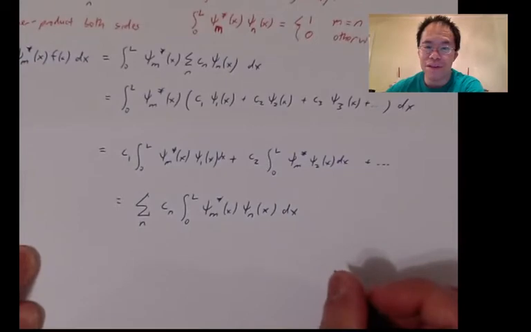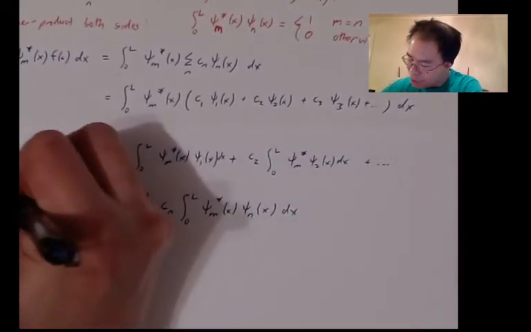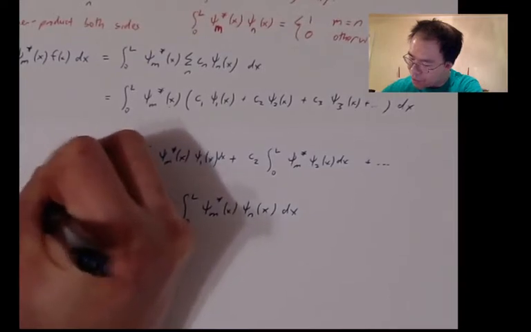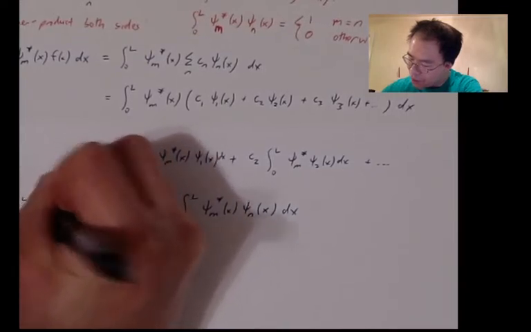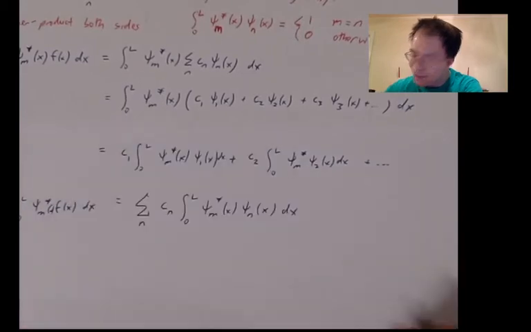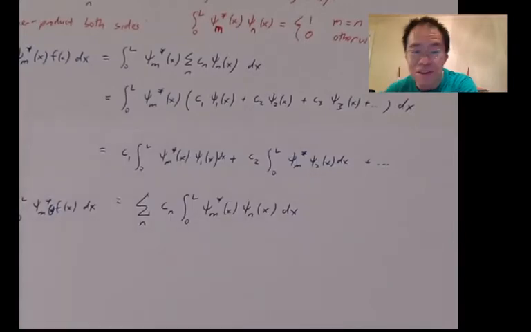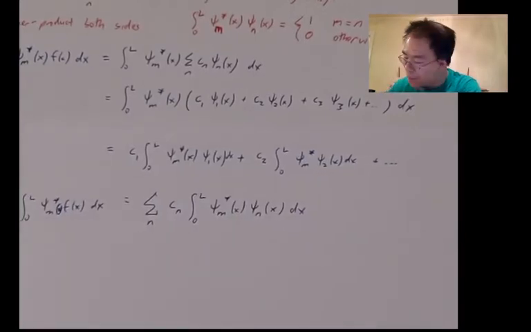Let me fill in the left-hand side here. So that's my integral of psi m star of x times my arbitrary wave function f of x dx. And that of x is a little too small. I'm sorry about that.